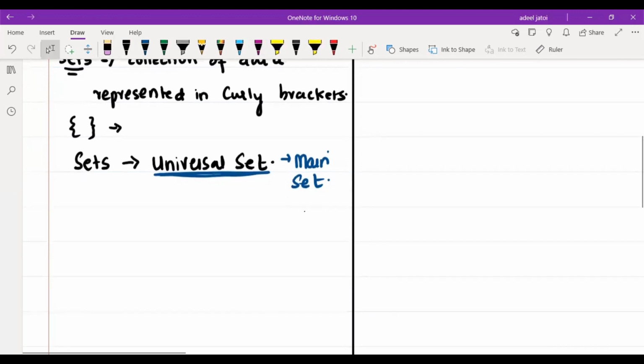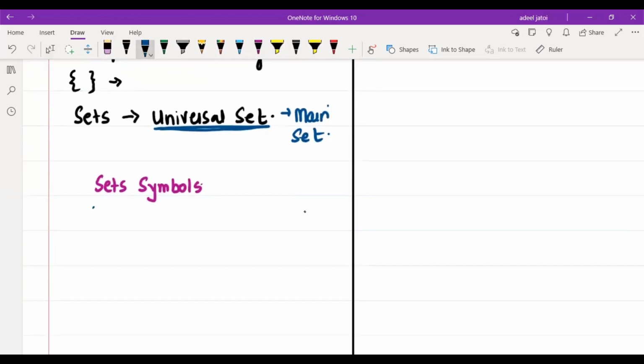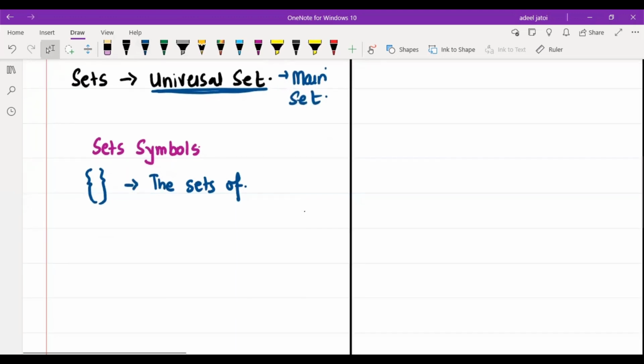Now, understanding the set symbols. Set symbols are, this will become your curly brackets, which means you need to make sure that the set will be represented by that particular value from the curly bracket.